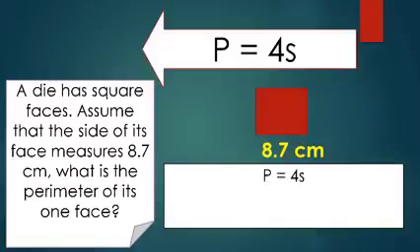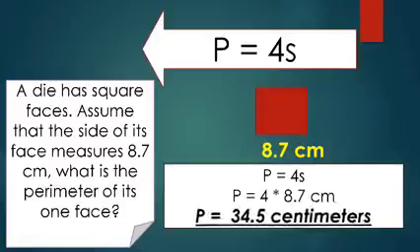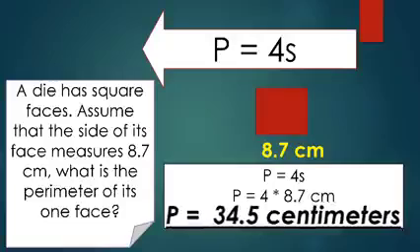And we will use the formula P is equal to 4S. Substitute natin. Our S here is 8.7 centimeters. That is 4 times 8.7 centimeters. And the product is 34.5 centimeters. Therefore, the perimeter of the die's face is equal to 34.5 centimeters.